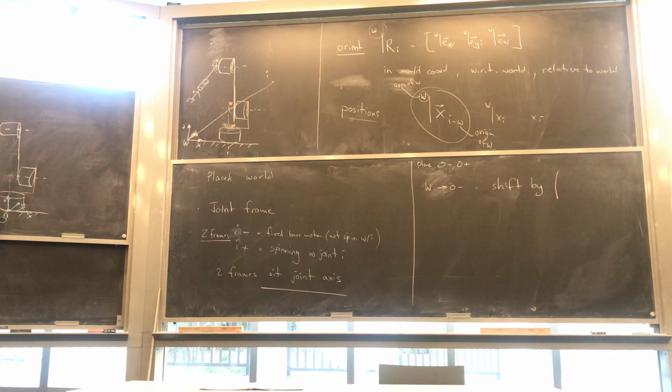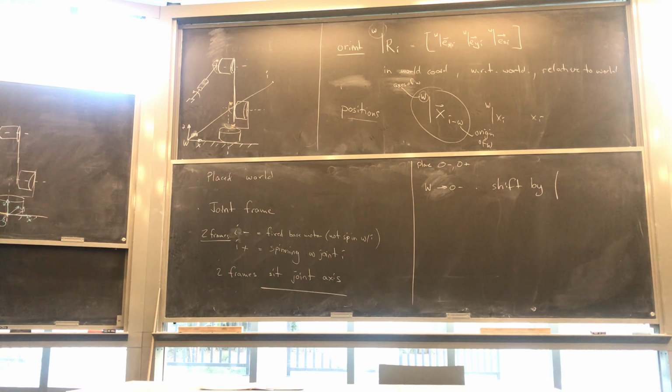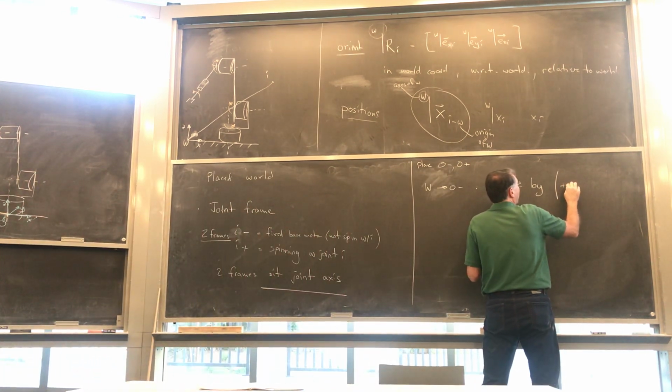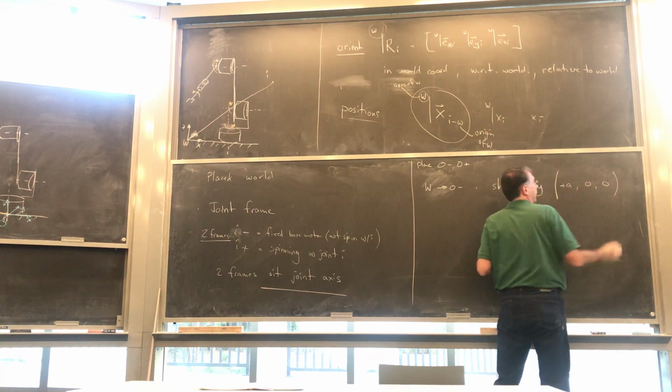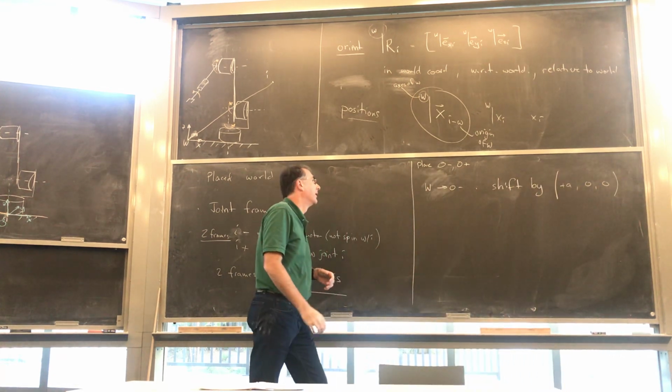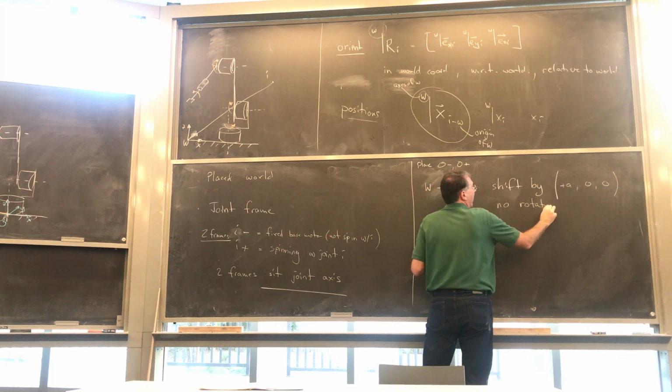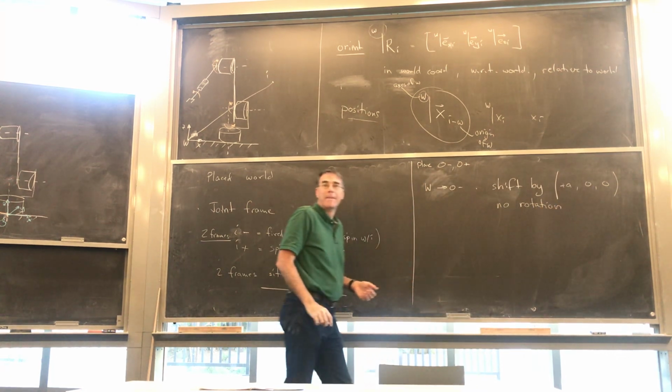How about I call this distance A? I'm going to use A, B, C, D as my distances because I can't think of anything better. Do you agree that that is a plus A, 0, 0 shift, and no rotation?